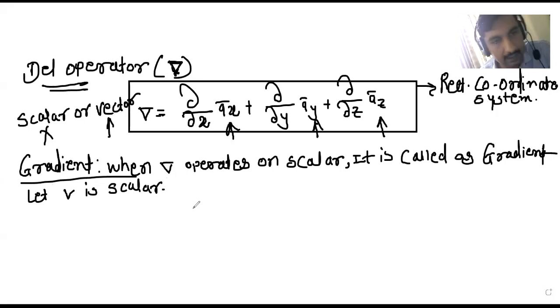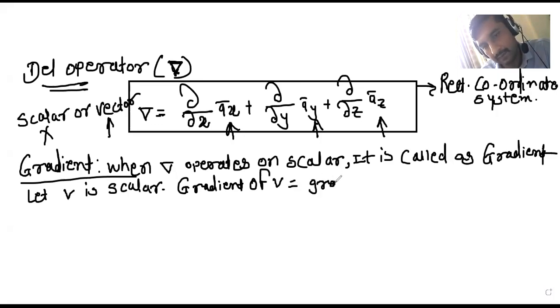In that case, you are trying to find the gradient of V, and that is written in short as grad V. And we know that this can also be written as del V.